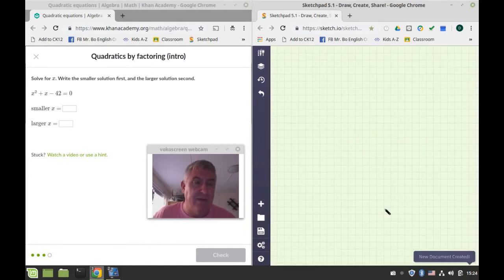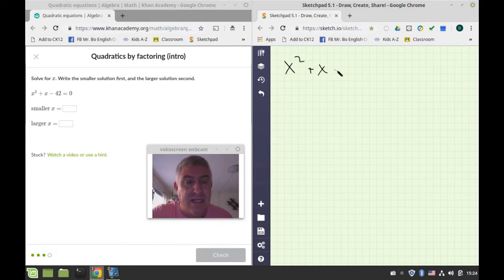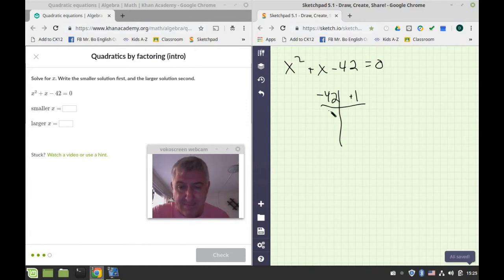And our last problem here, solve for x. Write the smaller solution first and write the larger solution second. So I have x squared plus x minus 42 equals 0. So I want factors of negative 42 that add up to be plus 1. And so let's see, I've got negative 7 times 6. I've got negative 6 times 7.